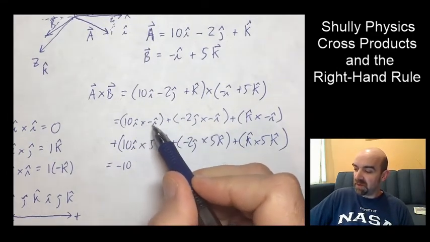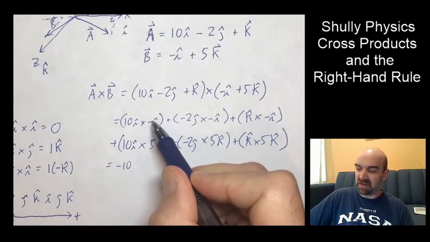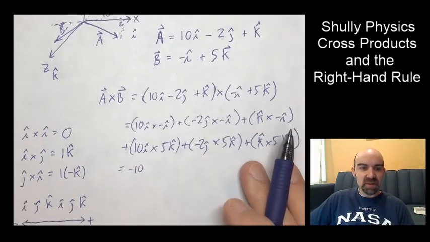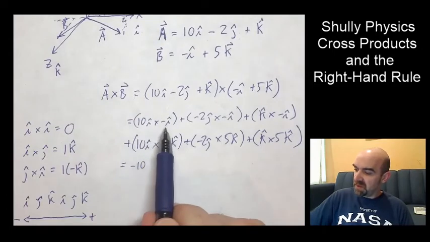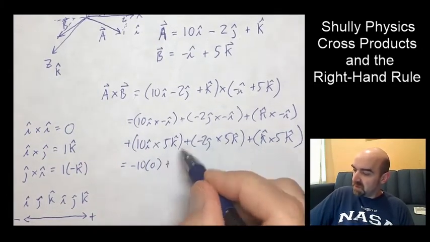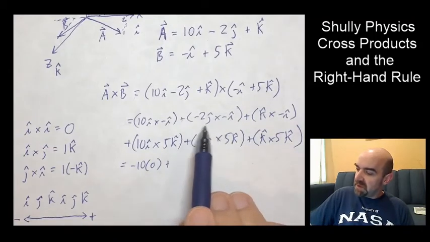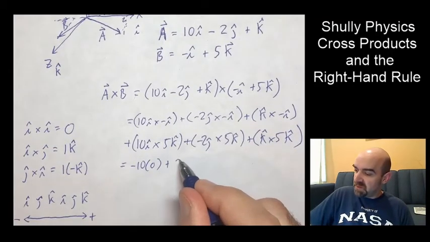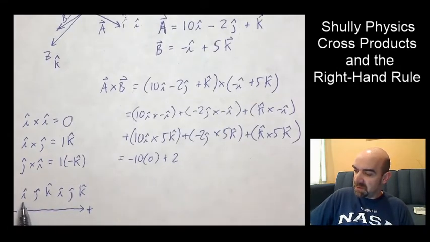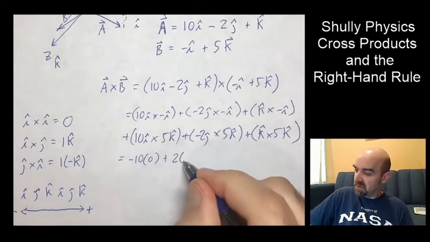So i cross i. Remember, I already used the negative. I don't want to throw in a negative twice into this mess over here. So i cross i is 0. So that'd be a 10 times 0 plus. Now I've got a negative 2 times negative 1 is a positive 2. And j cross i, let's see, j cross i is k, but in the negative direction. So I'm going to put a negative k there.